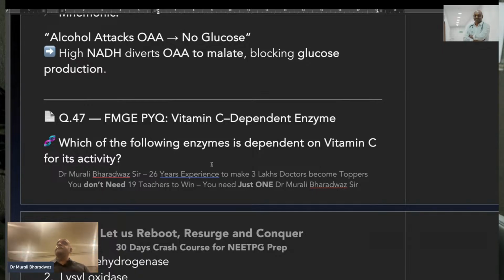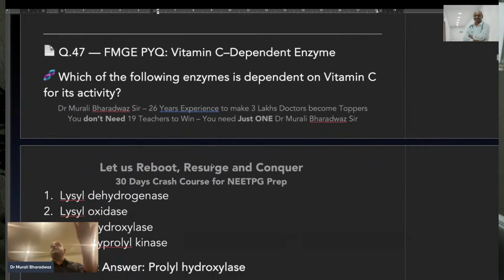This is compulsory. Citric acid cycle, again energy yield per glucose if it stops at the level of pyruvate, or if it continues through the citric acid cycle. Electron transport chain inhibitors is a favorite topic. ETC inhibitors. Which enzyme is dependent on vitamin C?